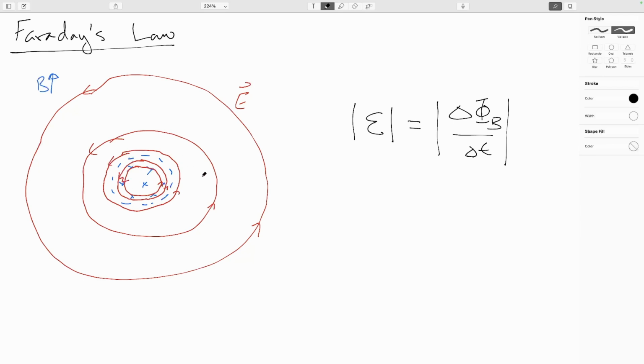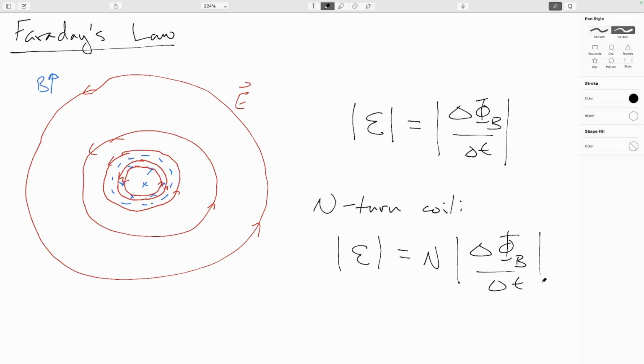Say if I have a coil of wire, then I could force the charges to do multiple laps. So if I have an N-turn coil, the magnitude of the EMF will be equal to N times the time rate of change of the magnetic flux.